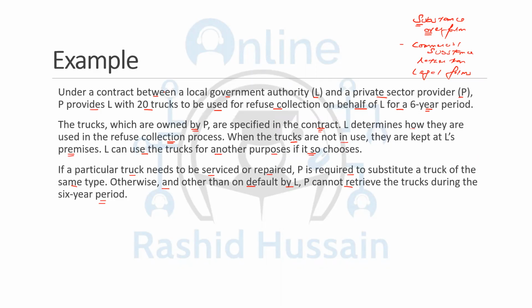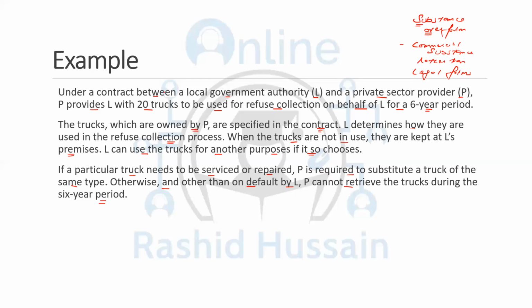Now, let me change this scenario for a moment. Suppose P says: whenever you want to do the refuse collection, you just tell us, and our trucks will come and we will do the refuse collection.